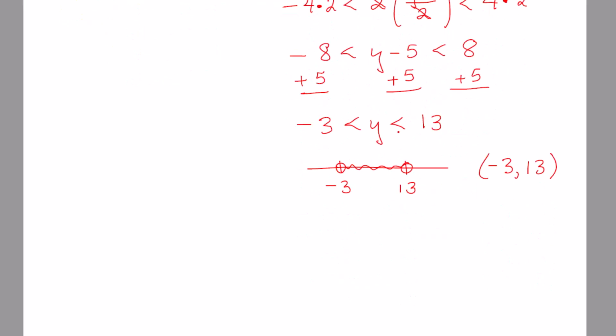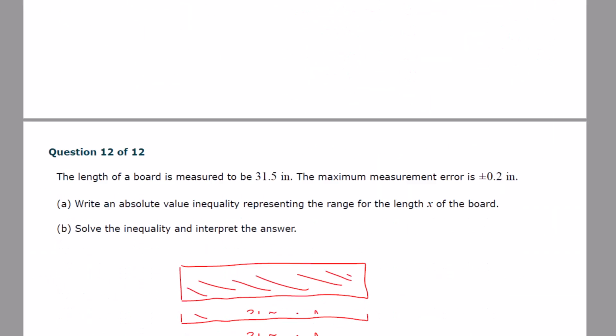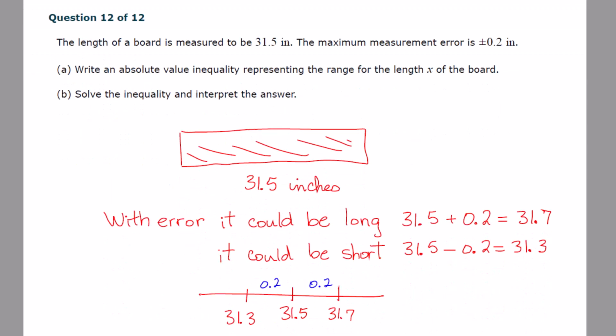All right, let's see. Question 12. Question 12, we have a real world problem here. We have the length of a board, and the board is measured to be 31.5 inches. Every measuring device always has a measurement error, whether it's length or weight or volume.